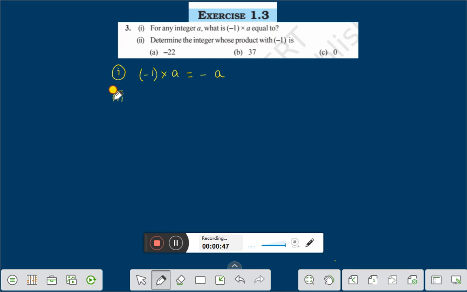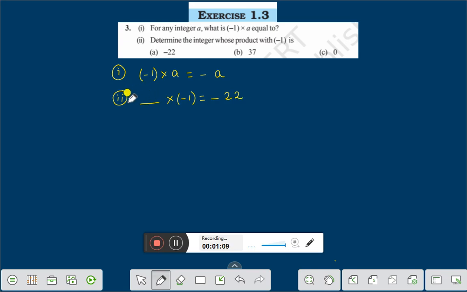Now question number 2. Determine the integer whose product with minus 1 is minus 22. Let us find this by this method, like dash into minus 1 is equal to minus 22. And what is the value here, right?